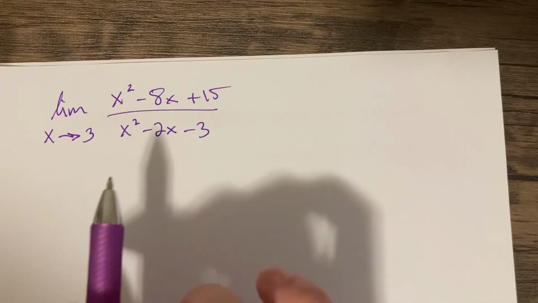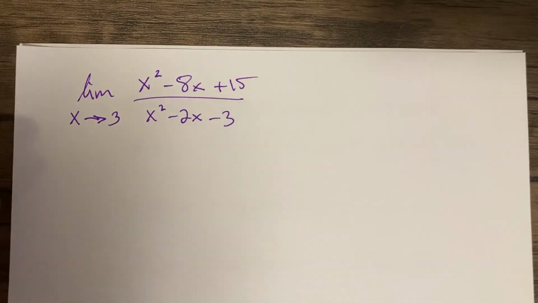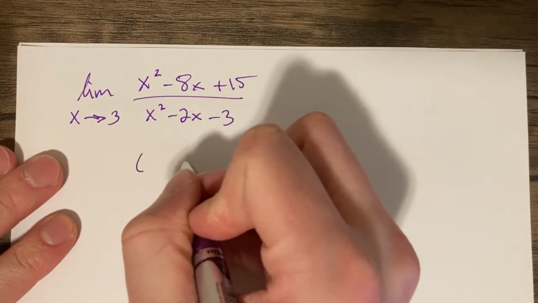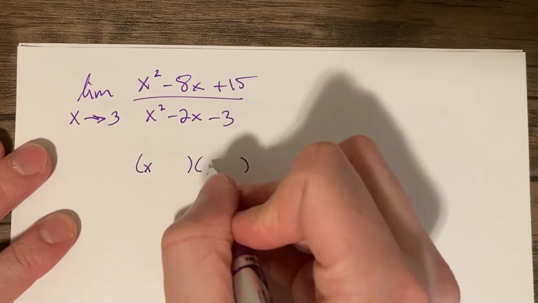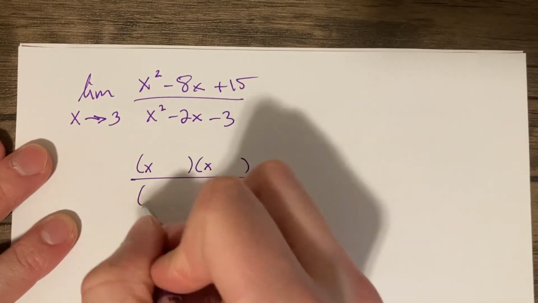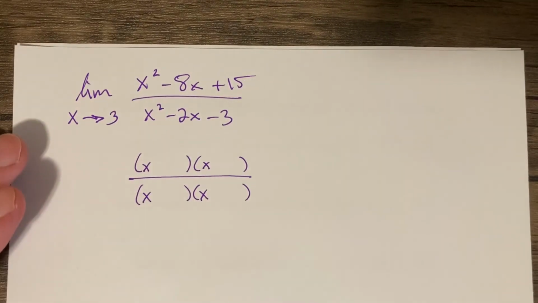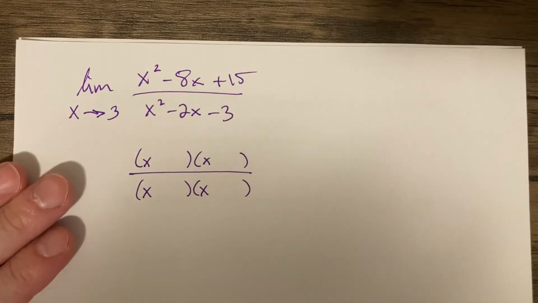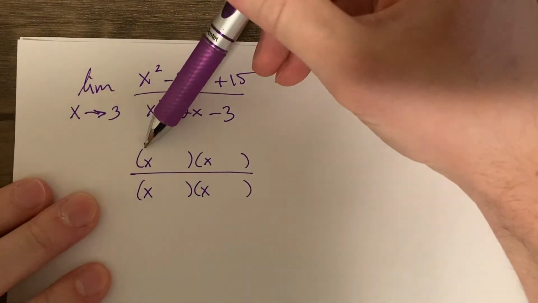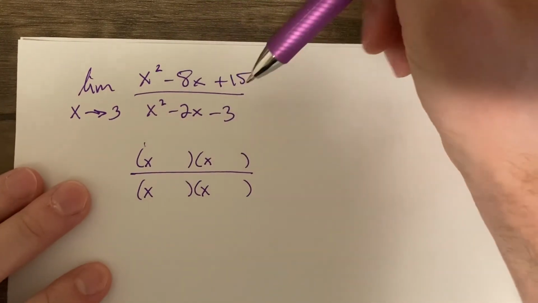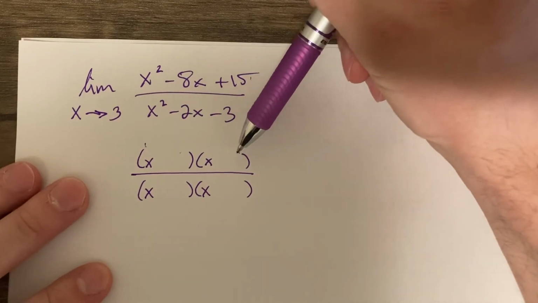So can't use direct substitution. Instead, let's try to factor this. Remember you can factor. You don't always have to go right to that table. So on the top with our numerator, we've got x squared minus 8x plus 15. Let's get a couple x's in there. If we have x and x multiplying to be x squared, and then we have to multiply to be 15, what numbers go here and here?